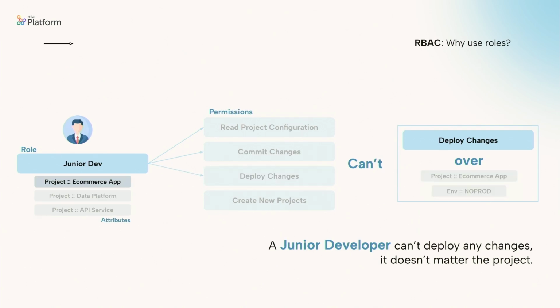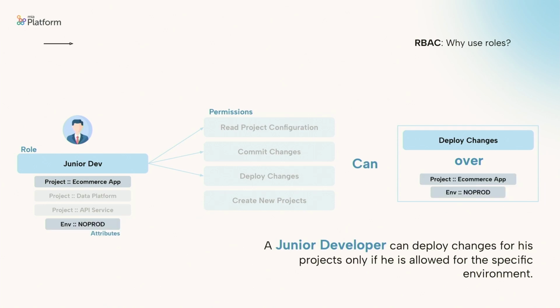On the other hand, we have the junior developers, who don't have the permission to deploy changes. So even if they are assigned to the specific project, they can't deploy.